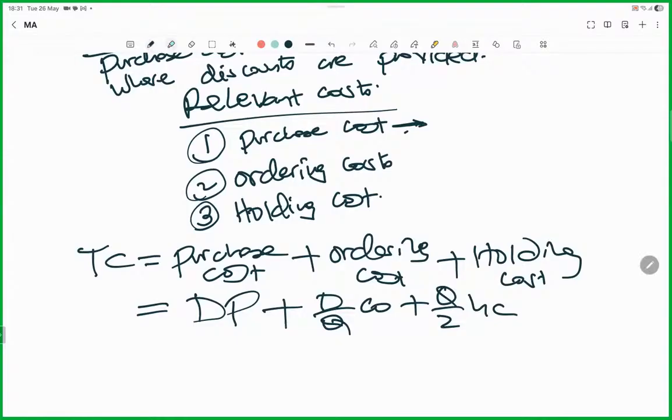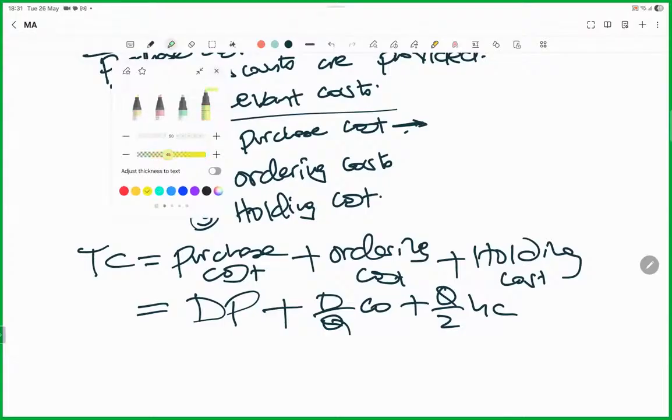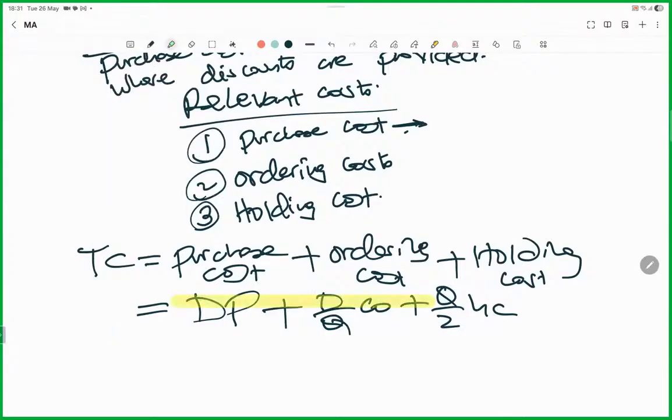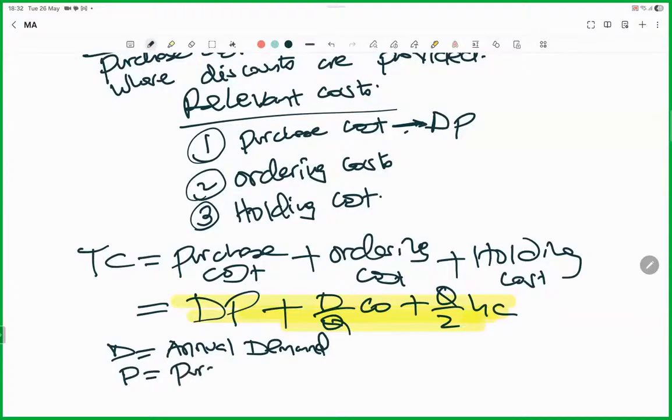And then please, if you have got highlighters, ensure that you use them nicely. Assuming that you are a member of UDA, use a yellow highlighter. DP, yeah, very good question here. DP is the purchase cost, isn't it? D is annual demand, and P is the purchase price. Thanks for asking.